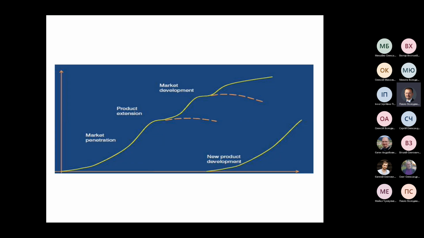And it is better to launch a new product or a new market at this very moment. So when the curve goes down, it is a good idea for our company to launch a new one. And Charles Hofer tried, and successfully, to build a new matrix to support this idea.